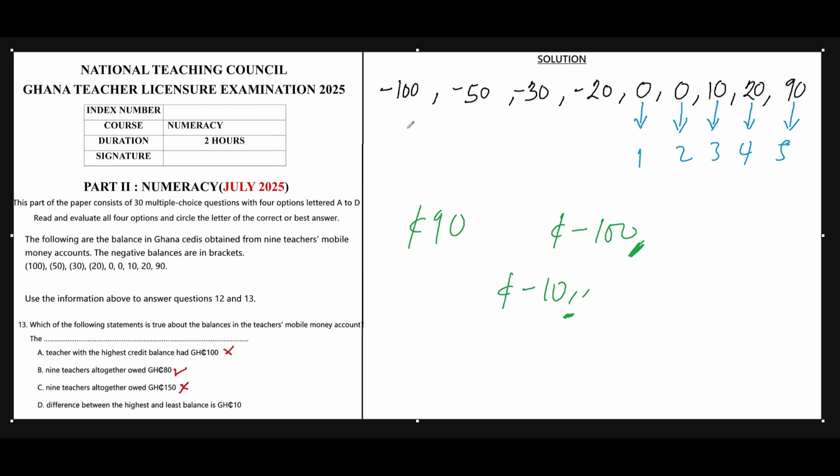And it makes sense. This teacher owes 100 cedis. This teacher has 90 cedis. So they are different. So the difference is still a debt of 10 Ghana cedis. So this particular statement is also not true. So with this, the right answer is option B.